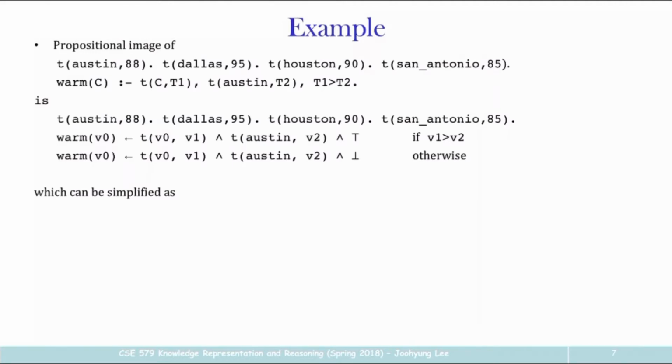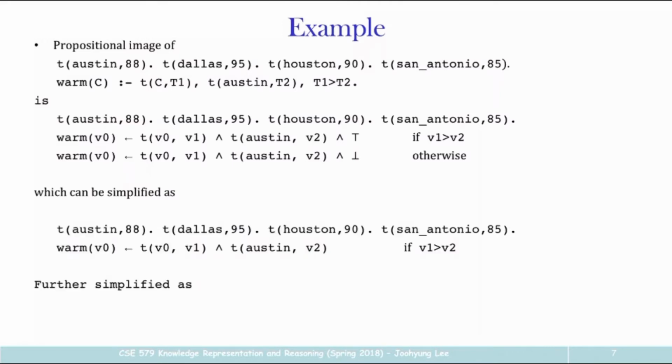Here I write V1 and V2 as meta variables that range over all possible values in the set S union Z. So V1 and V2 can range over any constants and any integers.